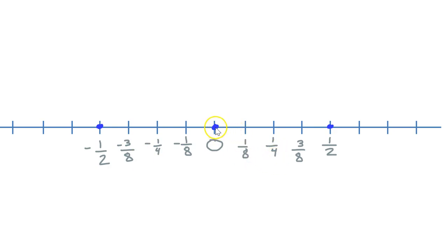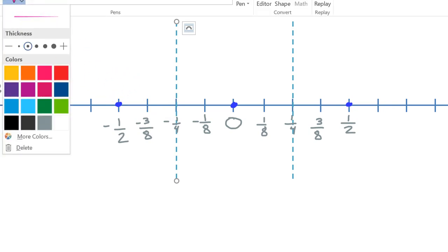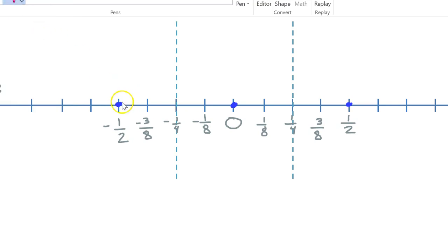Okay, now right in the middle of each period there should be a vertical asymptote. So halfway between the x-intercepts there will be a vertical asymptote. So there'll be one here and there'll be another one here. Now the tangent function is always increasing. So as I go from left to right, the tangent function should always be rising.